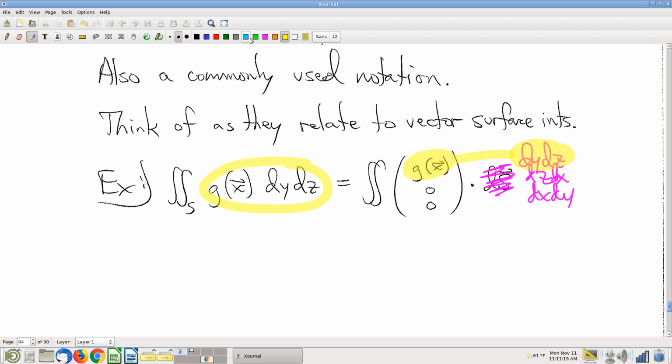And so given where dy dz is, that's where the function has to go. Therefore, this is your vector field of which you're doing a vector surface integral. So if you want to reinterpret your coordinate line integral as a vector surface integral, I said line integral, sorry, if you want to reinterpret your coordinate surface integral as a vector surface integral, this is how you do that.